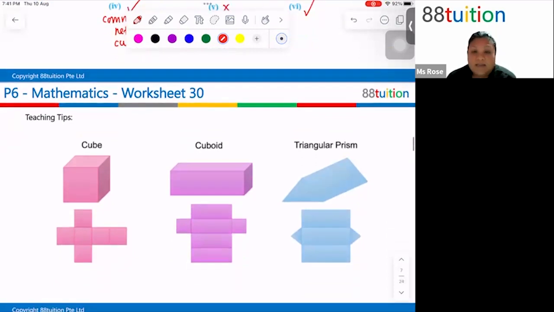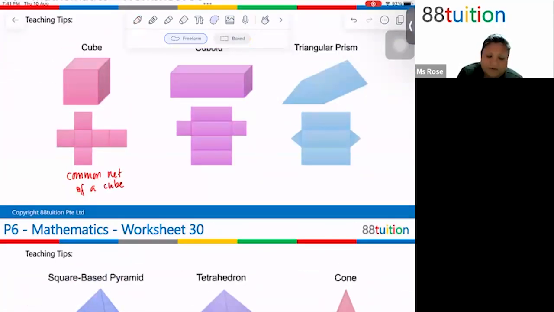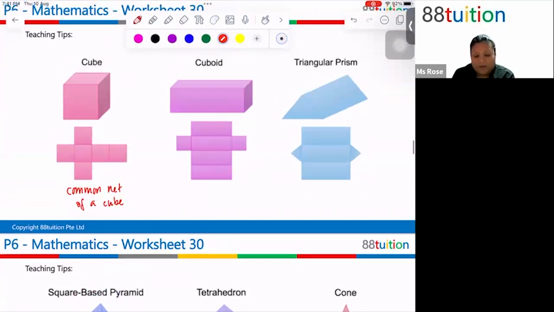So the nets, okay, let me put that away. This is a common net of a cube. The next one is a common net of a cuboid.